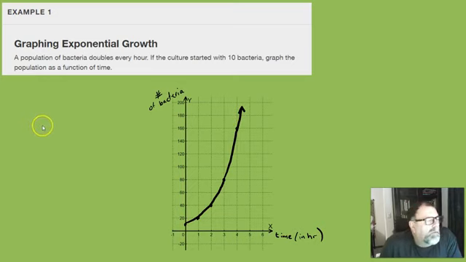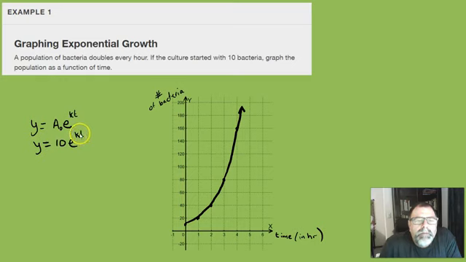So we know that we have our basic y equals a sub 0 e to the kt, and let's put in a couple points here. So we know a sub 0 is 10, so we'll start with that, and then kt.